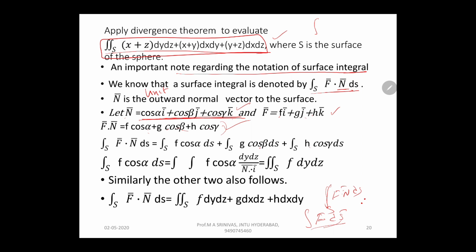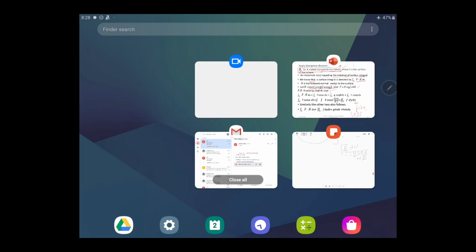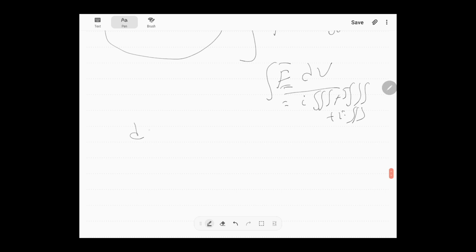And ds, as I already mentioned at the time of surface integrals, can be written as dx dy by n bar dot k bar. Let me recall these things. ds can be written as dx dy by n bar dot k bar, or dy dz by n bar dot i bar, or dz dx by n bar dot j bar.